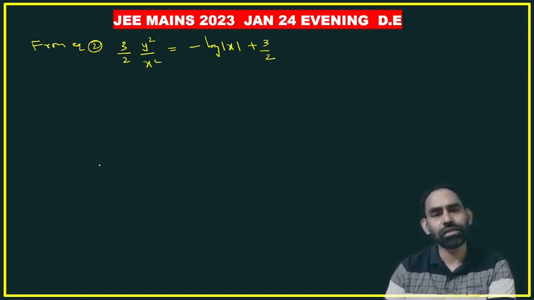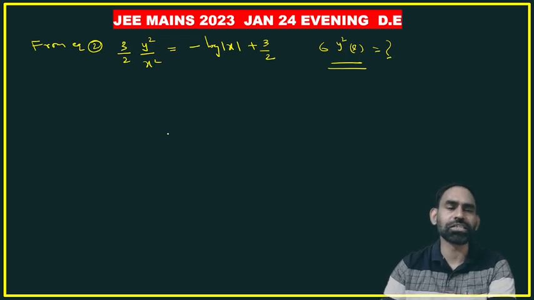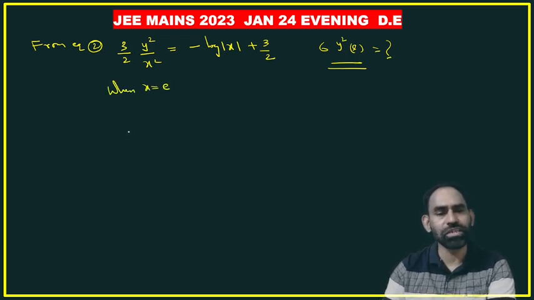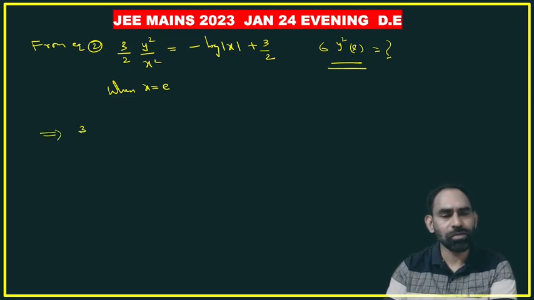Now the question asks for the required value of 6y square at x equals e. So when x equals e, what is 6y square? Instead of x, substitute e here. 3 by 2 y square by e square equals minus log e plus 3 by 2.